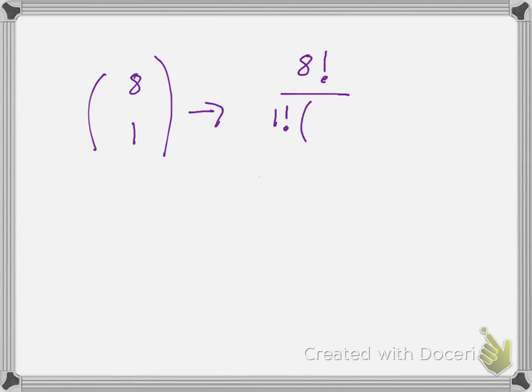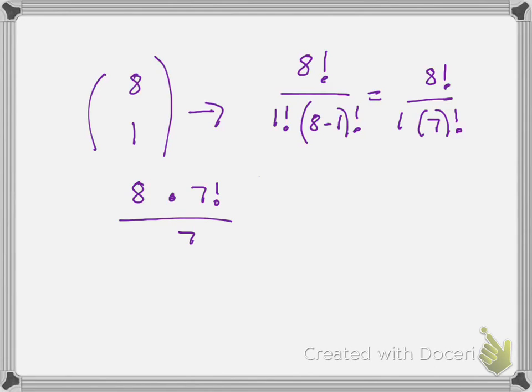Moving on to our last example of Pascal numbers, we get 8, 1, which becomes 8 factorial over 1 factorial times 8 minus 1 factorial, which equals 8 factorial over 1 times 7 factorial. Now when we simplify this, we get 8 times 7 factorial over 7 factorial.